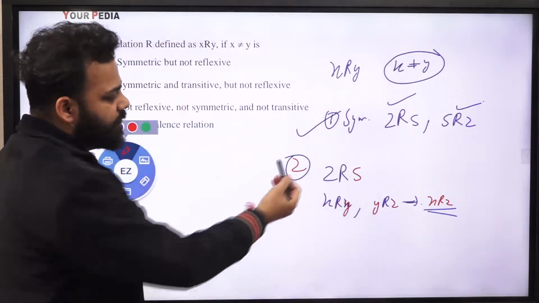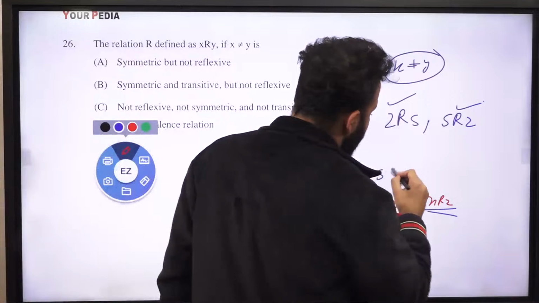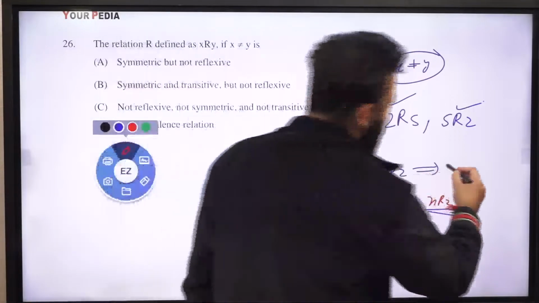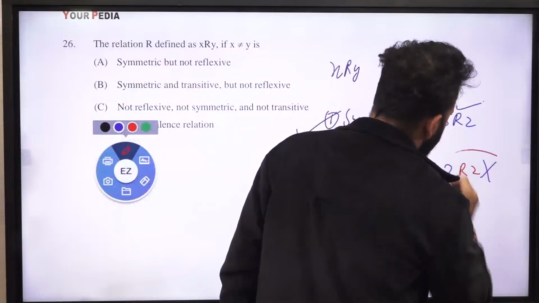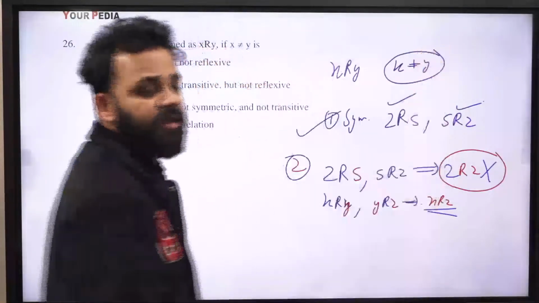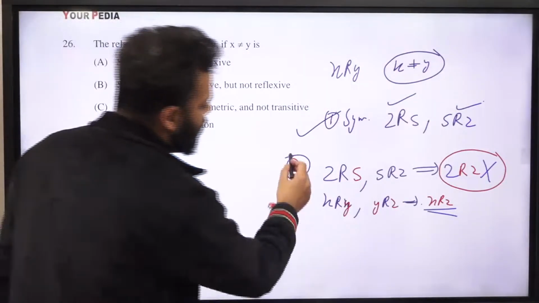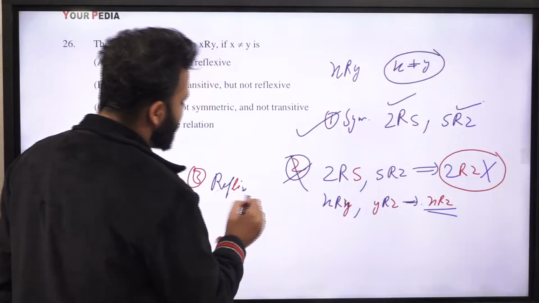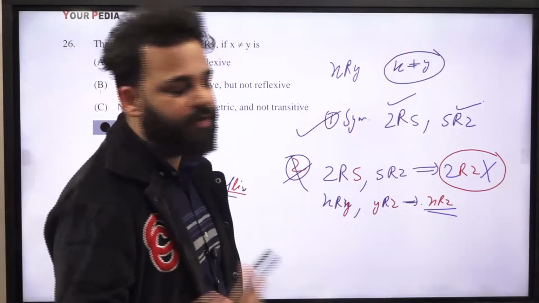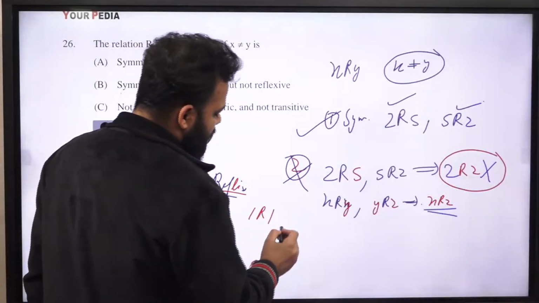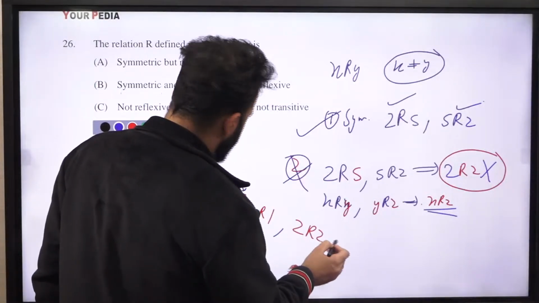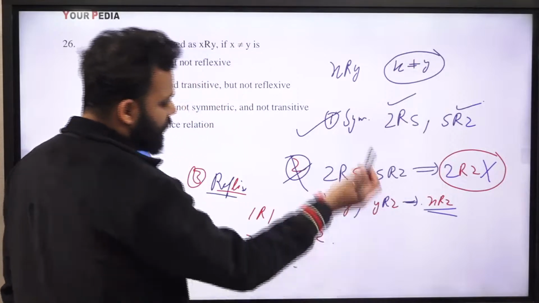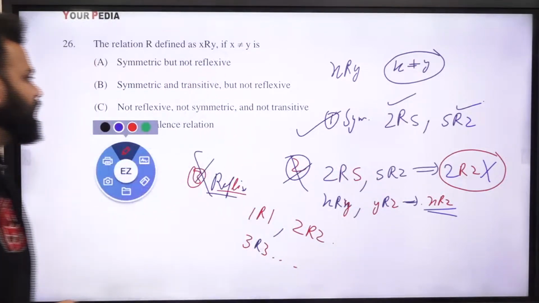So if I take 2 R 5 and 5 R 2, then by transitive property 2 R 2 should also be present, but 2 R 2 will not be present in this because X needs to be not equal to Y. So it is not transitive. If I check about reflexive, for reflexive you need to have self loops. So the elements should be 1 R 1, 2 R 2, 3 R 3, and so on. So these will not be present. So the relation will be symmetric only.